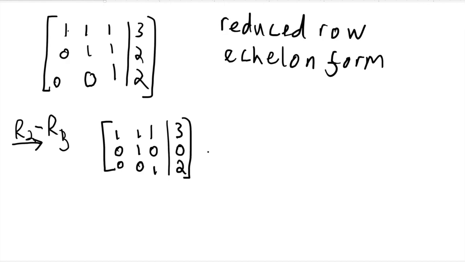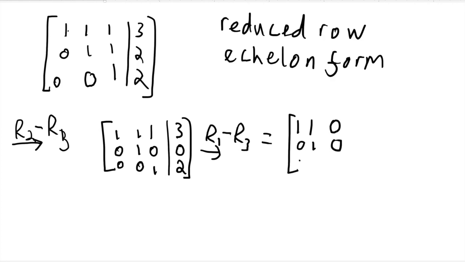If we then do the same with the third row and the first row, so we'll do row 1 minus row 3, because there's a 1 here, we don't need to multiply row 3 by a scalar. So that'll give us 1, 1, 0, 0, 1, 0, 0, 0, 1, and then 1, 0, 2.